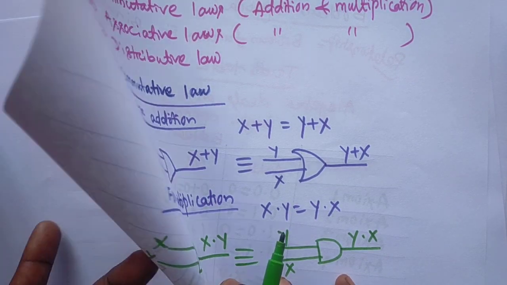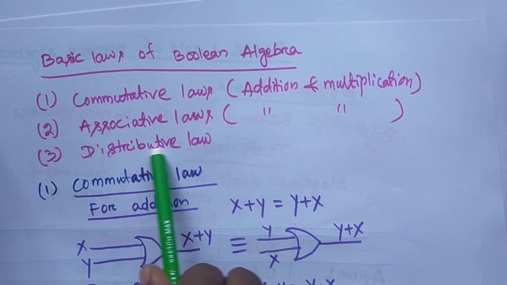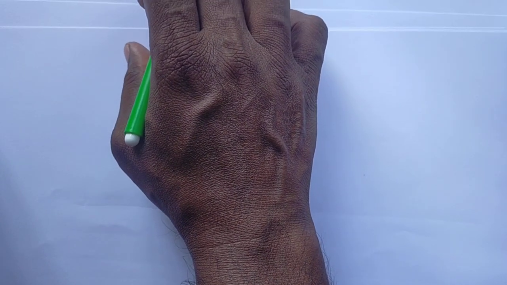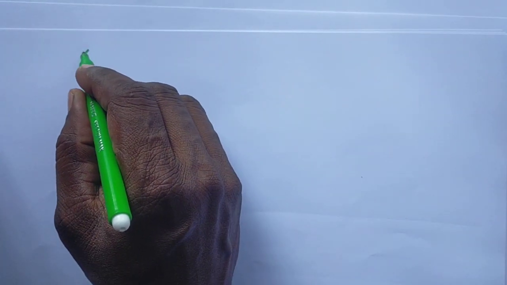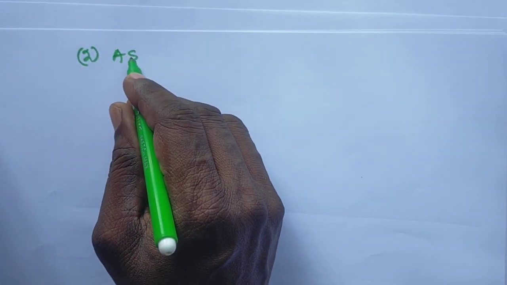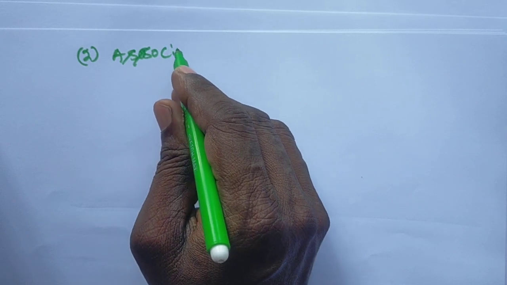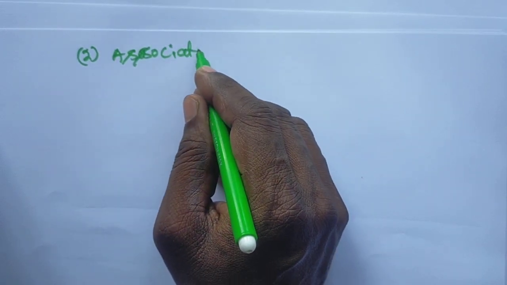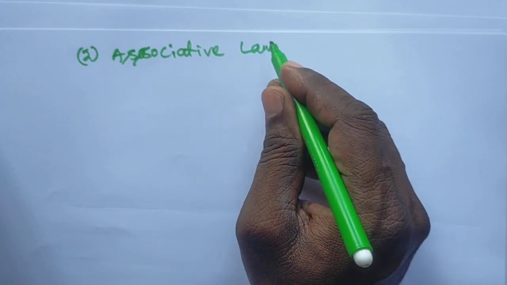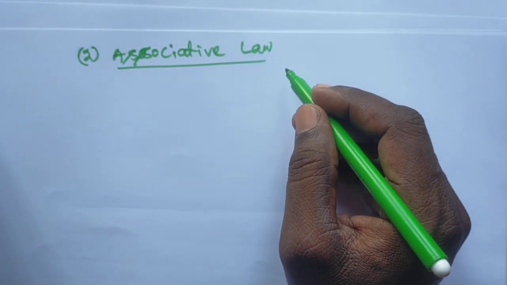Next is the associative law. Second one is the associative law. Similarly, the associative law on addition, how it is defined.